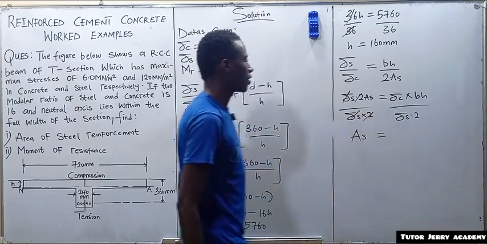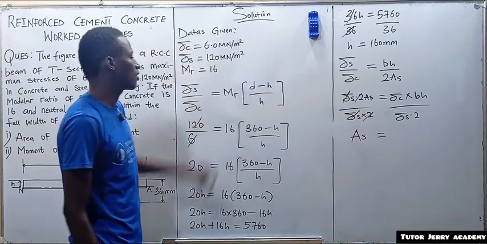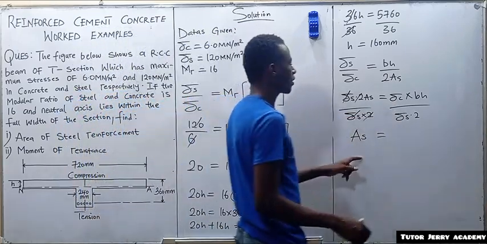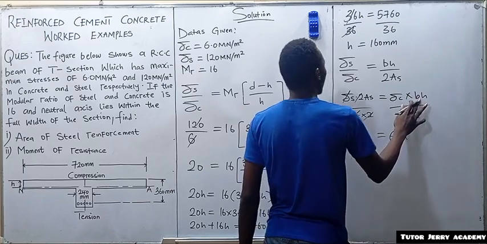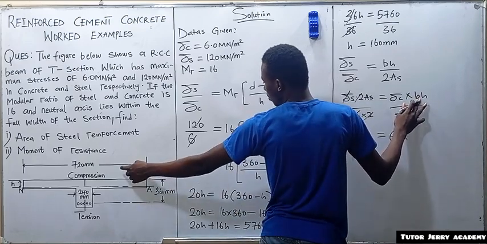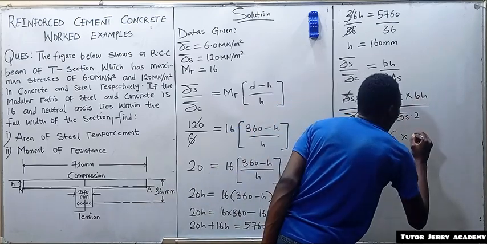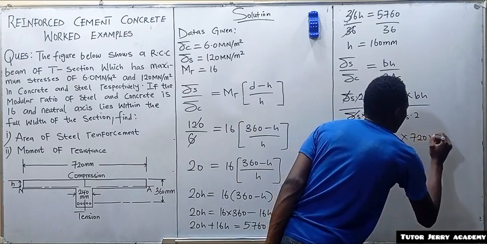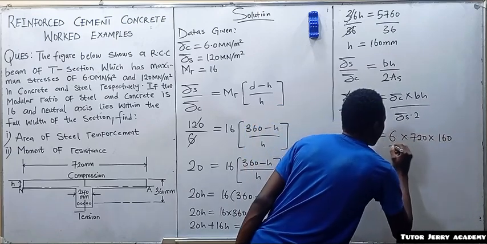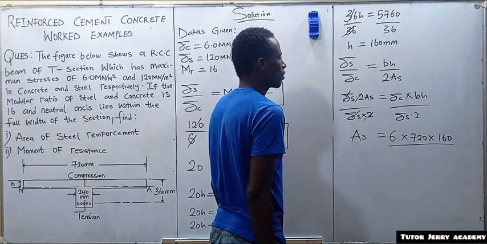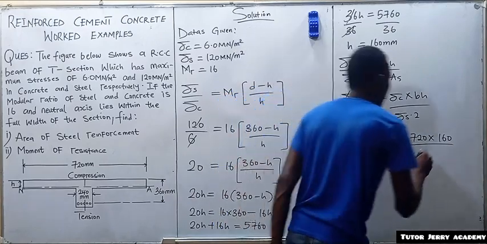Now what is our value? Sigma C is nothing but 6. So we have 6 multiplied by B, which is the breadth of the beam, nothing but 720, multiplied by H, which we have just calculated to be 160. Everything is all over 120 multiplied by 2.